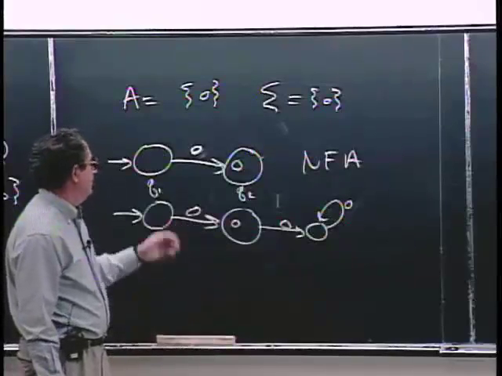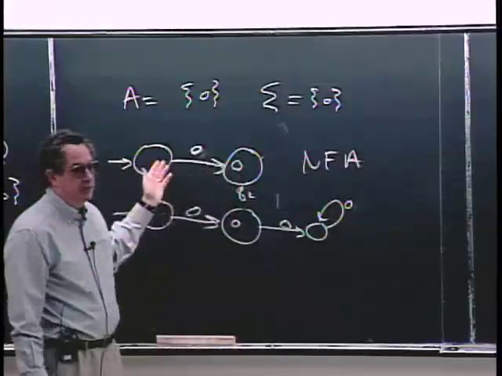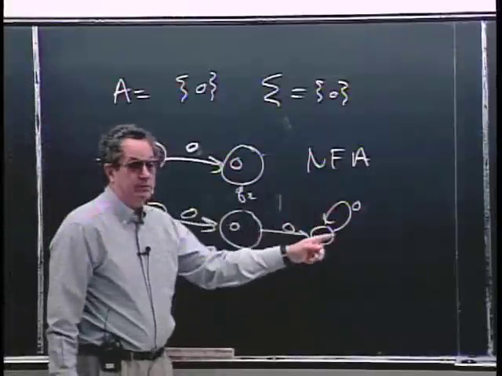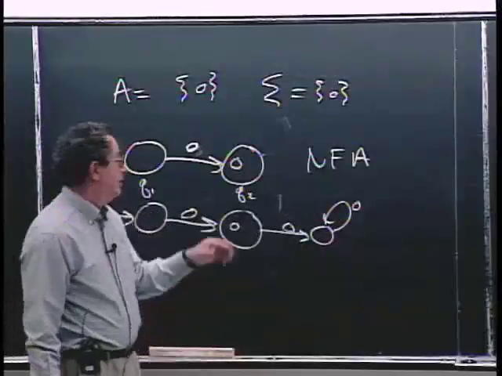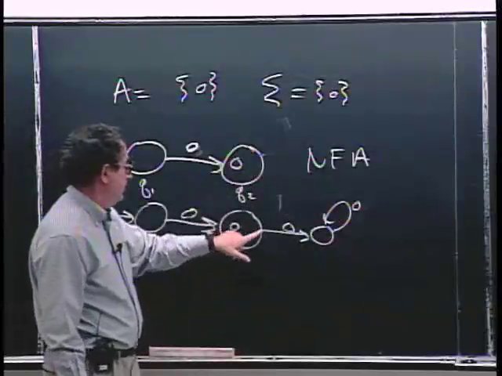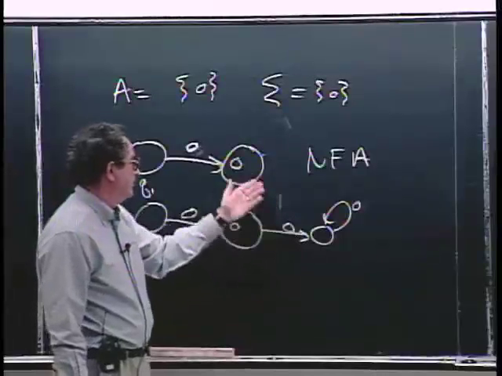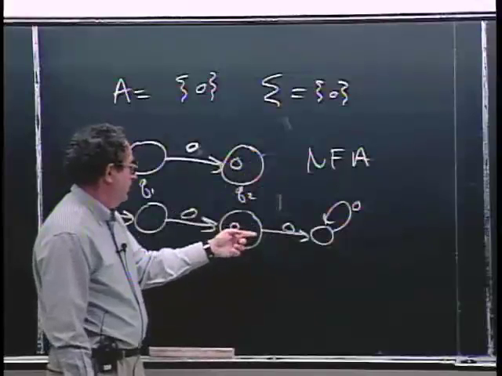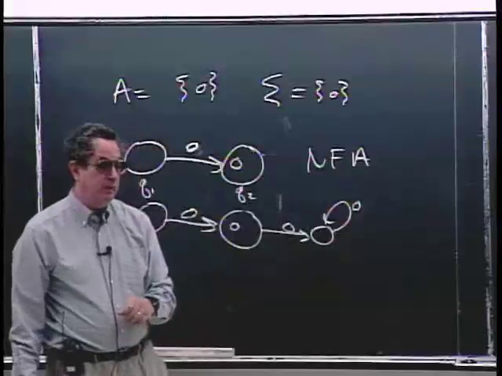If somehow by shorthand you got used to saying this was a DFA, you could always add on things like this to make it a legitimate DFA. If there's no way to go with an extra character zero out of the accept state, you can always just add on a little gadget like that and make it a legitimate DFA.